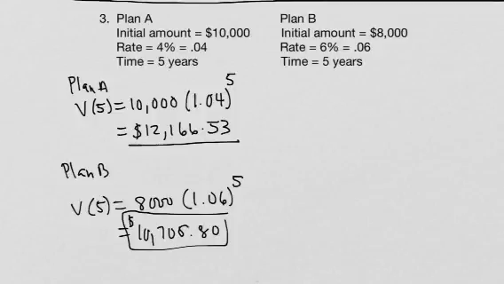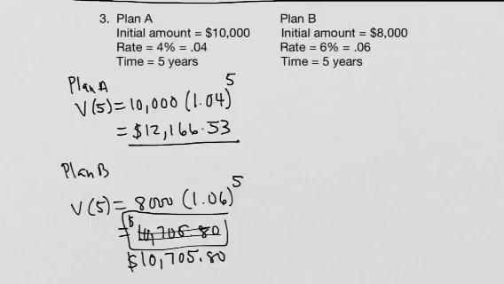So initially, the difference between the two accounts is 2,000, but after 5 years, the difference between 12,166 and 10,705 is about 1,460. Even I confused it. The difference is less, right, than $2,000.